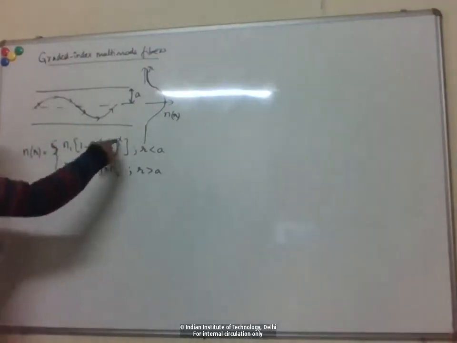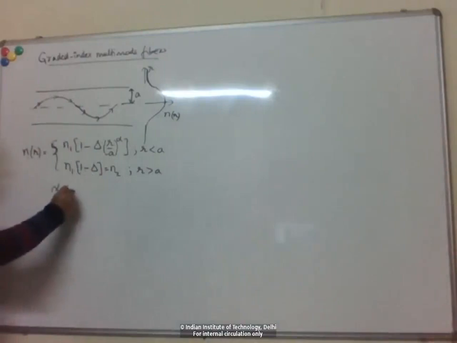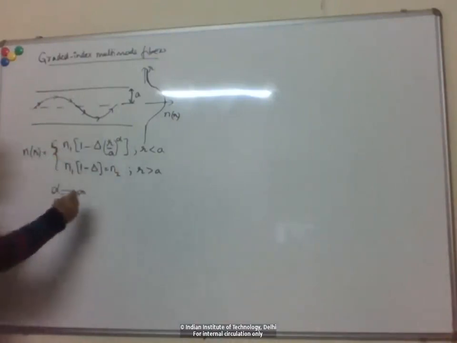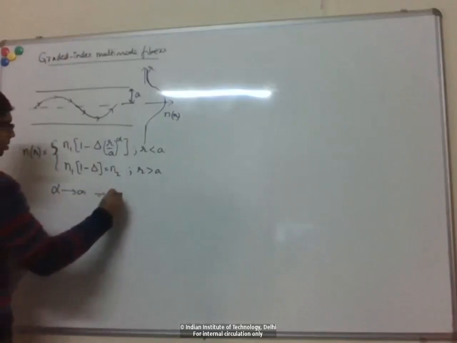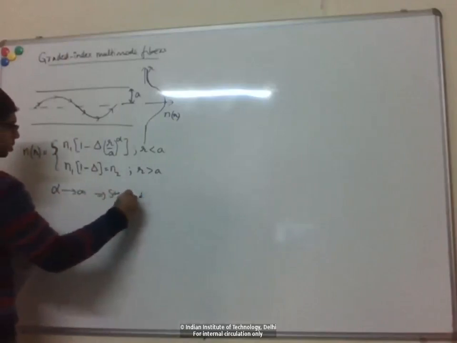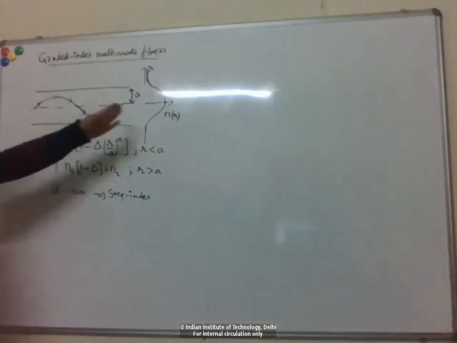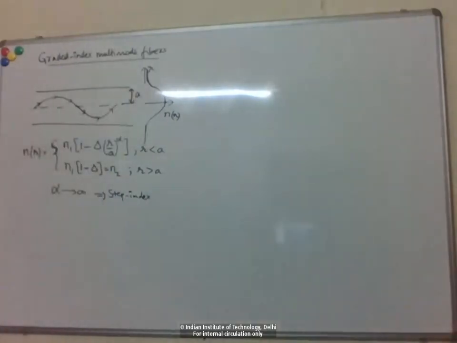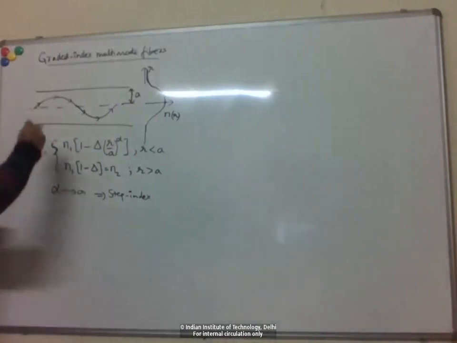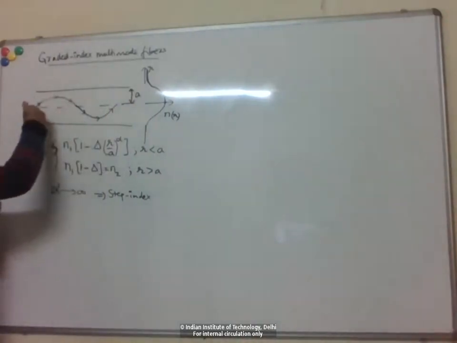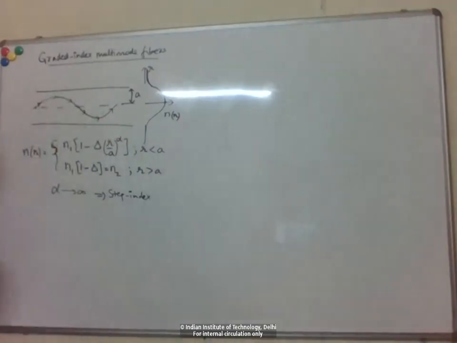If you take alpha tending to infinity, then for r less than a, this term becomes 0, so it's like a step index. But for any lower finite values of alpha, you get this smooth variation. So for a general alpha graded index fiber, the ray paths are curved.